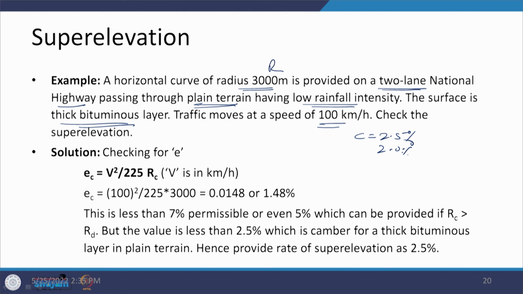If you are going with this equation, e_C is V square divided by 225 R. We calculate the value of e_C and it comes out to be 1.48%.